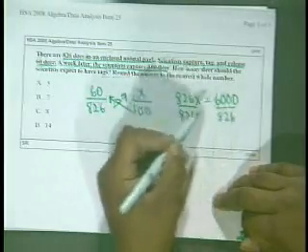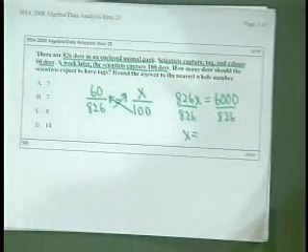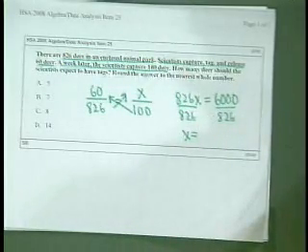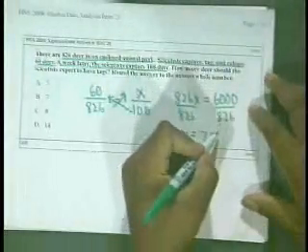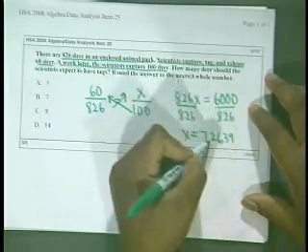So x equals 6,000 divided by 826. If we take a look at our calculator, you see we have a lot of digits going on there. So I'm going to write down the first 4 after the decimal point.